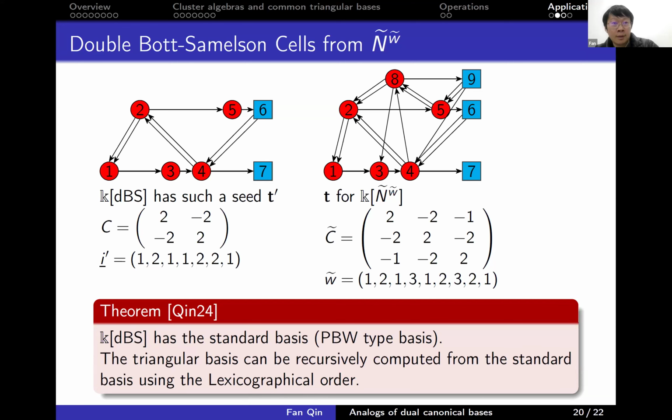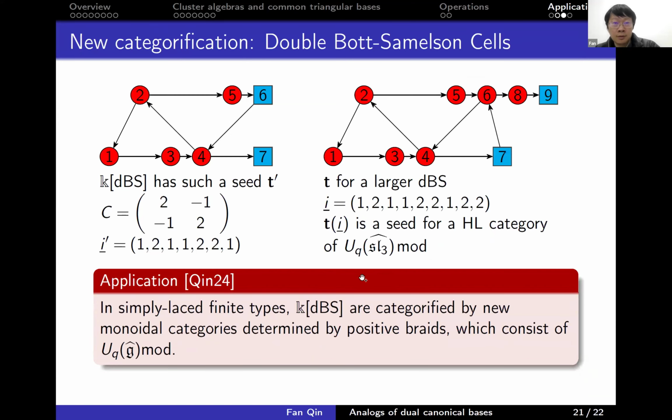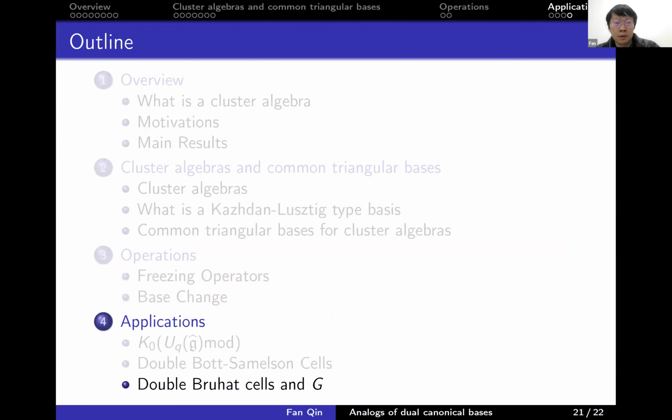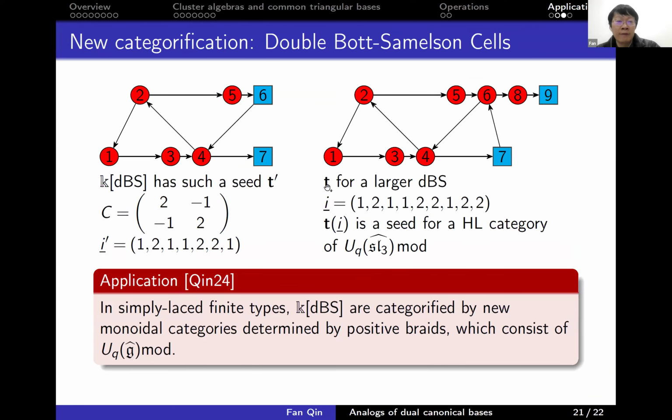All right. And yes, here is something we studied. Oh yeah, I forgot to say that for these double Bruhat cells, there is another way to categorify it instead of quasi-categorification. You first enlarge this quiver to something bigger. And for this bigger quiver, we know it very well.